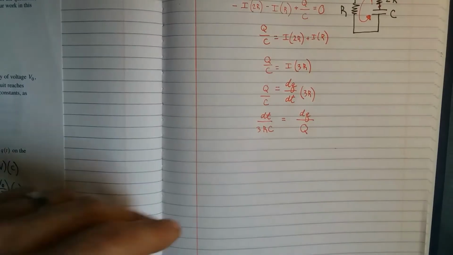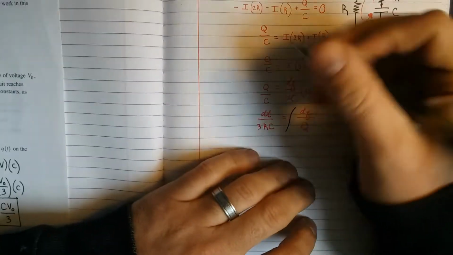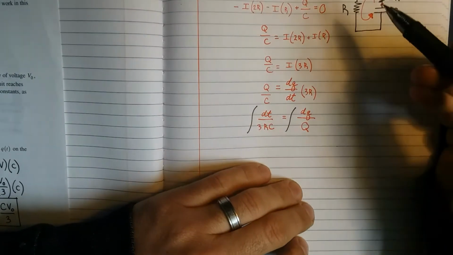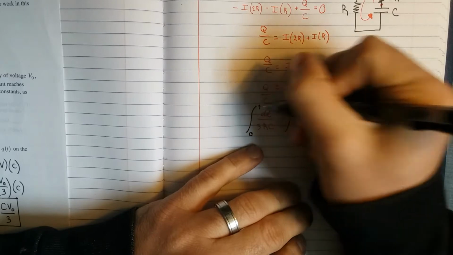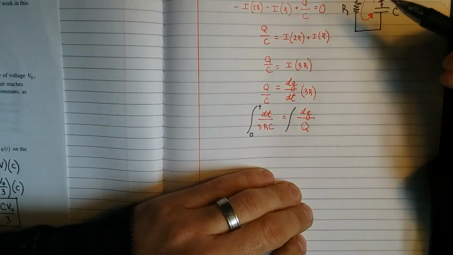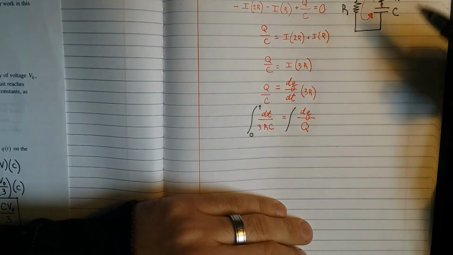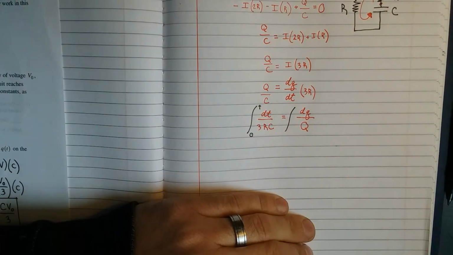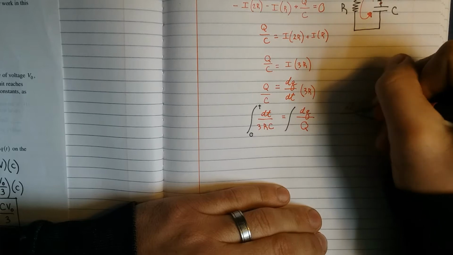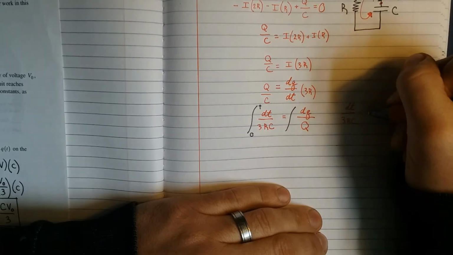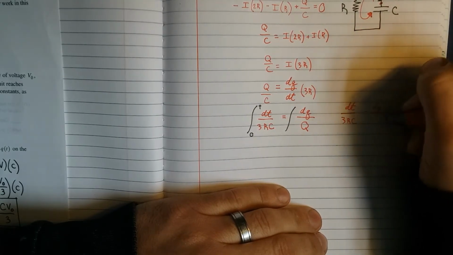When we're integrating this, we would then say, this is from the beginning, 0, to some time t, and then some other charge to something else. We don't have to in this problem. We're done. Do not solve this any more than it asks you to do. dt over 3RC equals dQ over Q.